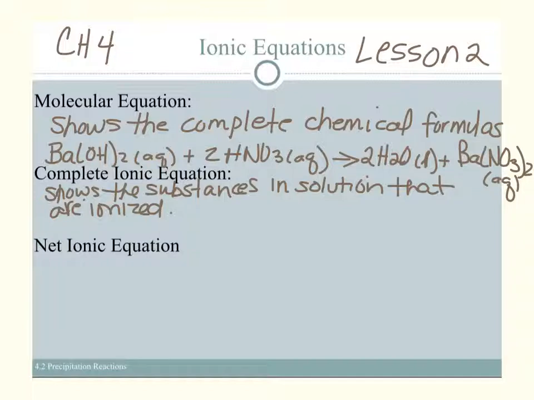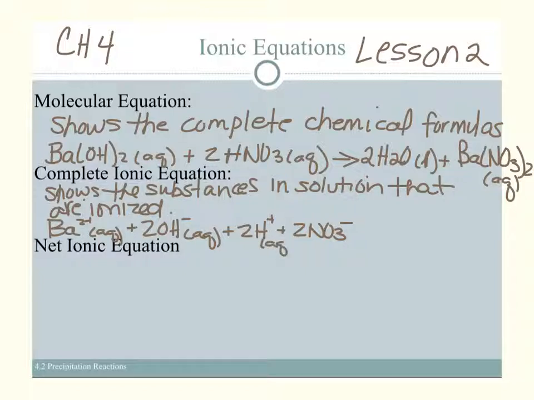So let's give an example using our above of these substances in solution. I'm going to break it apart into ions. So I've got Ba2+, that's the charge on it, that's the ion, aqueous, plus 2 OH minus because it says Ba(OH)2 aqueous, plus 2H plus and 2 NO3 minus. These are both aqueous.